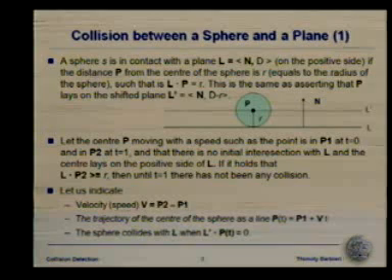a collision. You can already see that for a velocity vector which is perpendicular to the normal, this contribute over here goes to 0, right?